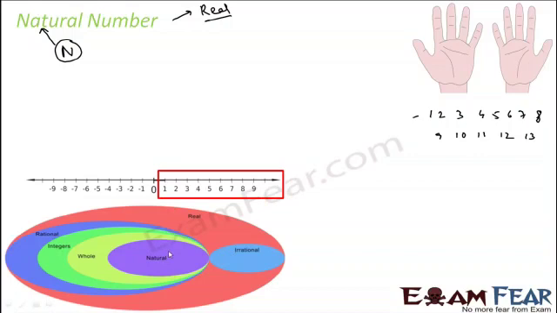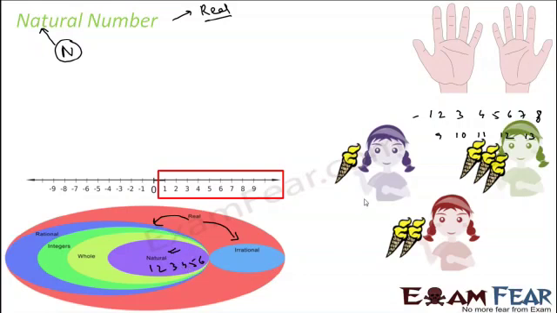If you see here, this is the natural number, the one in purple. And natural number is part of real number. So real number is classified into irrational number and rational number, and within the rational numbers we have the natural numbers. So all these numbers 1, 2, 3, 4, 5, 6 are natural numbers which you can actually count on fingers.